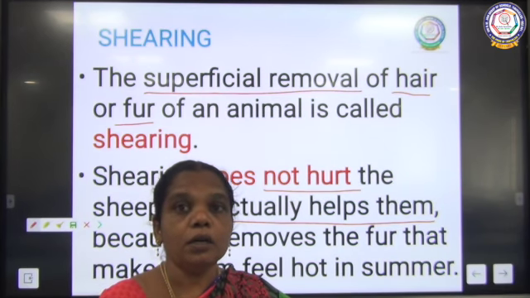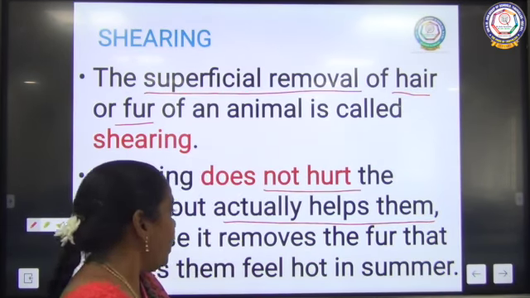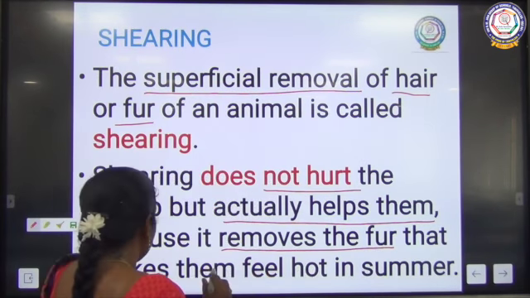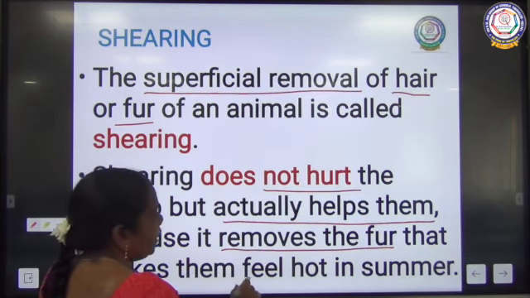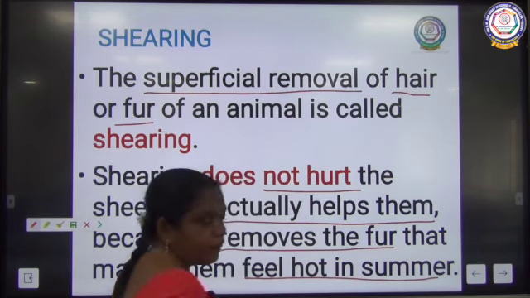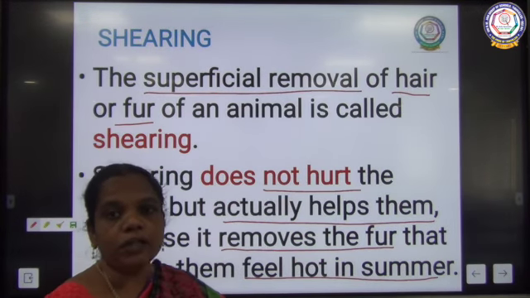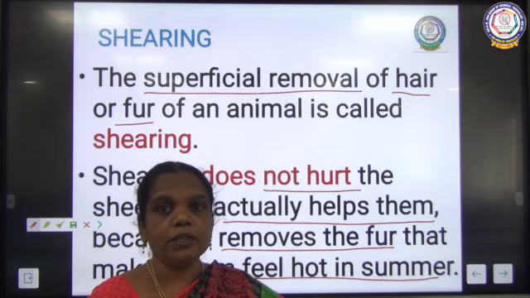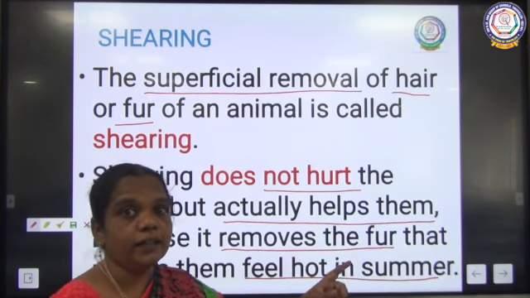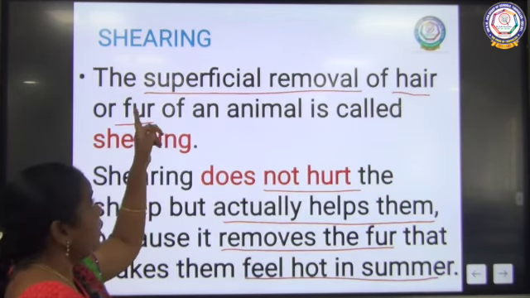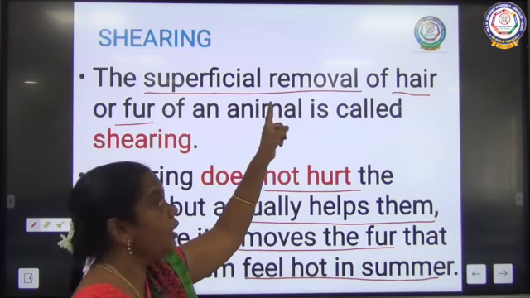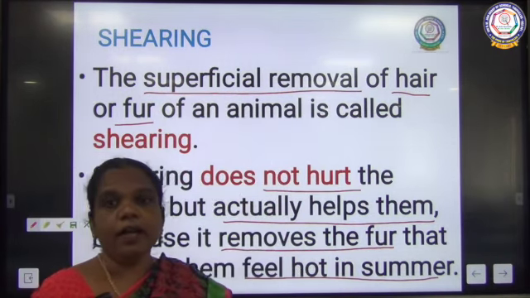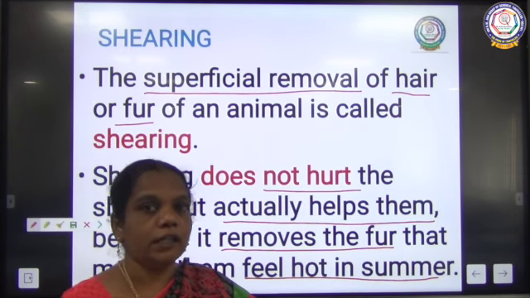No, it won't hurt the animal, but it helps them by removing the fur that makes them feel hot in summer. So what is meant by shearing? Once again, listen. Shearing is the superficial removal of hair or fur of an animal.